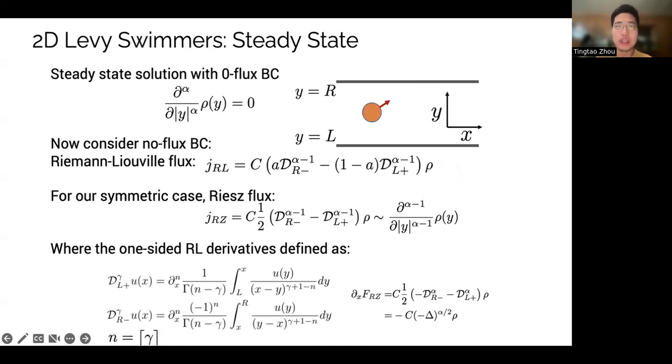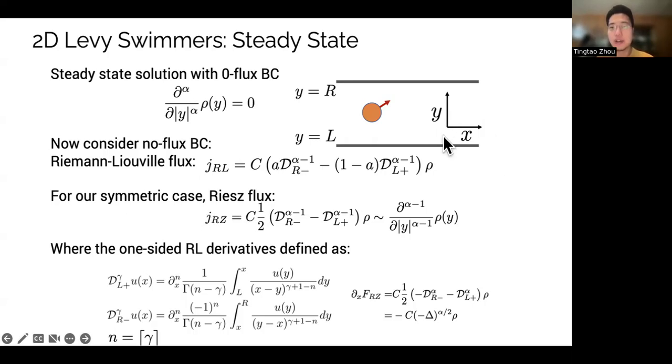So now we impose this zero flux boundary condition. How do we translate that into the mathematics? In general, we can write down the Riemann-Liouville flux in this form with a fractional derivative operator.